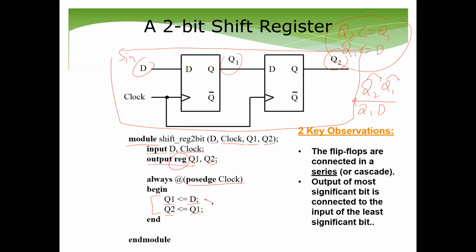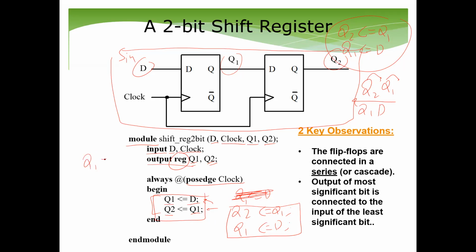Now, does the order matter here? If I write Q1 takes on the value of D, or I mean if I wrote it this way, Q2 takes on the value of Q1 and Q1 takes on the value of D. Compare this to that. Does it matter? No, it doesn't matter. Why? Non-blocking, it doesn't matter. Correct. Non-blocking will not make a difference.